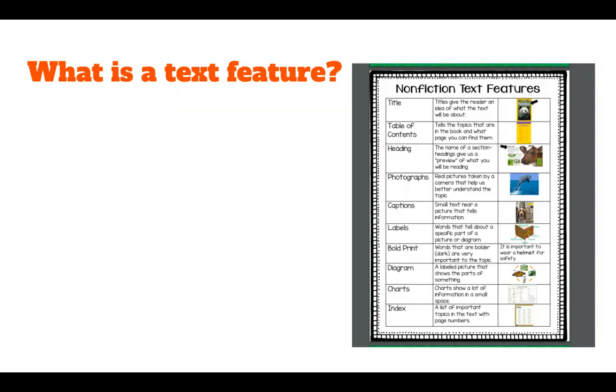Captions. A caption is a small text near a picture that tells information. You will find captions underneath pictures to describe that picture to the reader. Labels are words that tell about a specific part of a picture or diagram. So maybe if you're talking about a certain animal, maybe you include labels on that animal of adaptations that that animal has that helps them out.